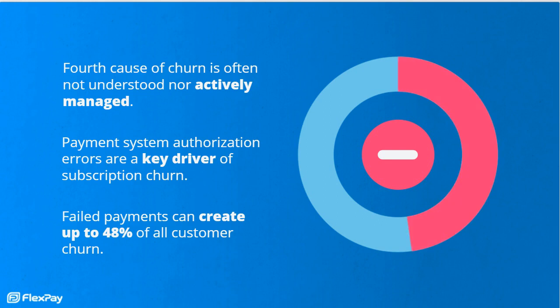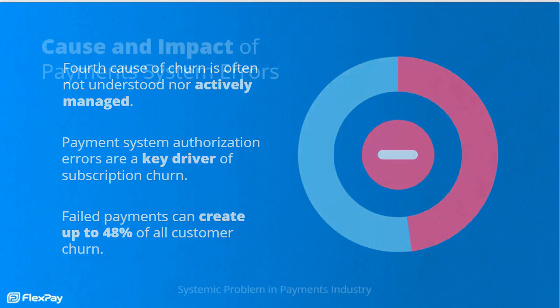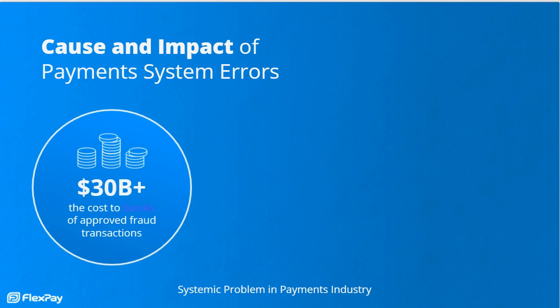These failed payments can create up to 48% of all of your customer churn. And this is an enormous number because it's so large and causes such a pain for your business. We're going to dive into this at a much deeper level and help you understand why these failed payments are occurring and help you understand what impact it has on your business.